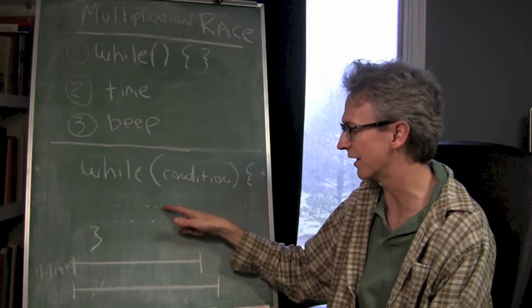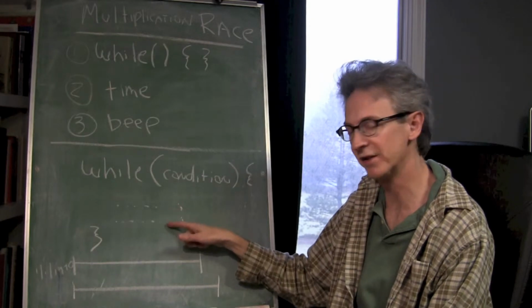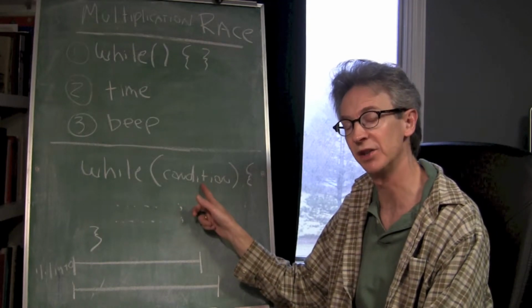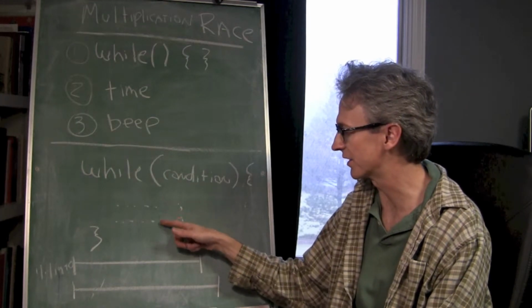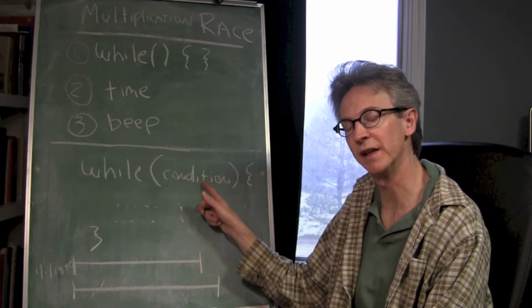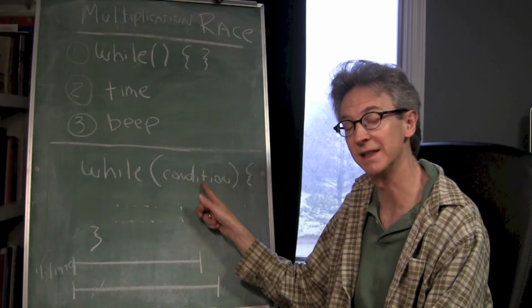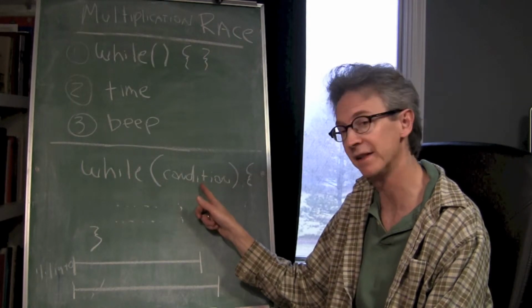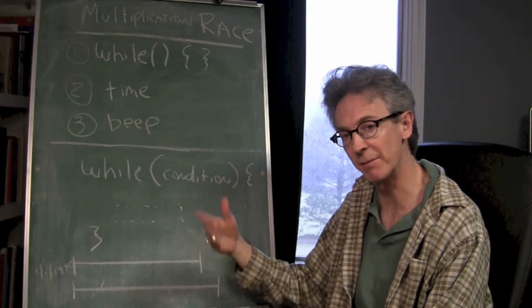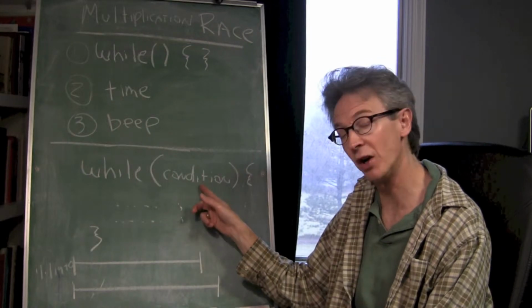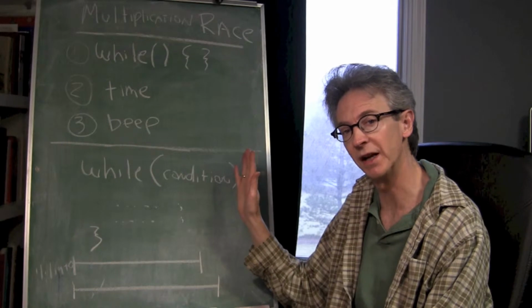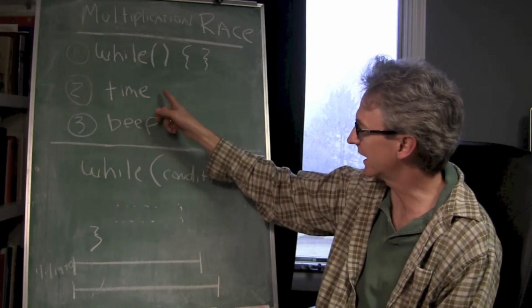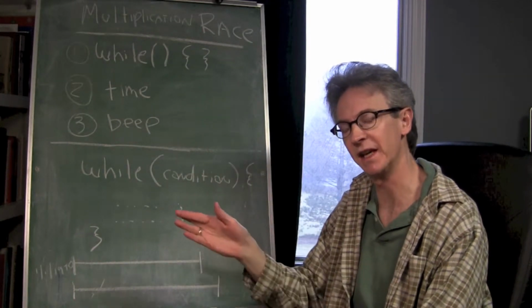So obviously your statements should change something regarding this condition, or it'll never end. In our case, we're going to change the score, and we're going to keep running this while the score is less than 10. Once they hit 10, that'll be false because the score will not be less than 10, and it'll drop out and show them how long it took.